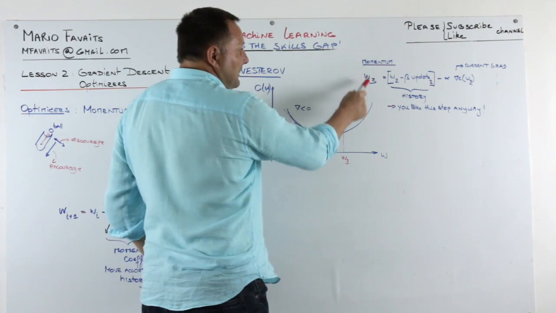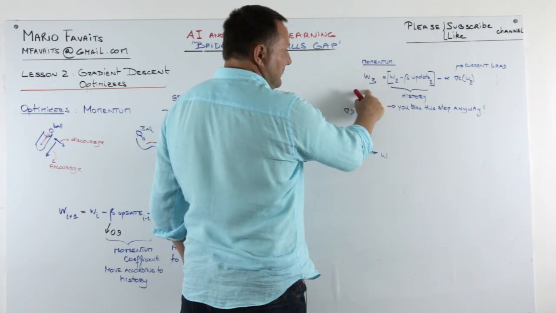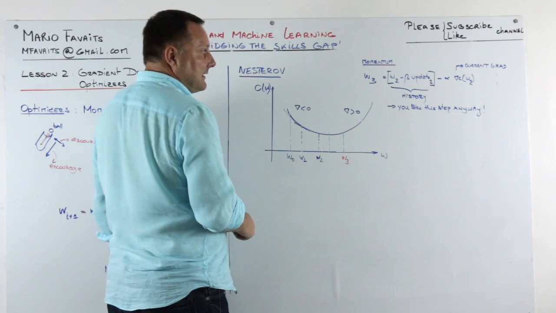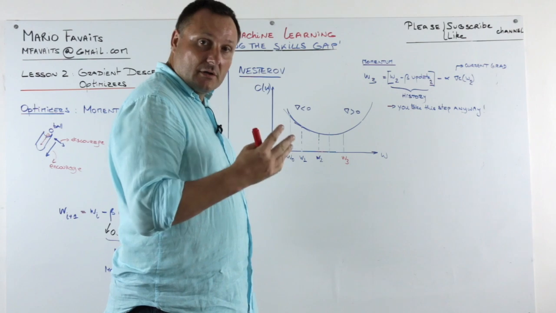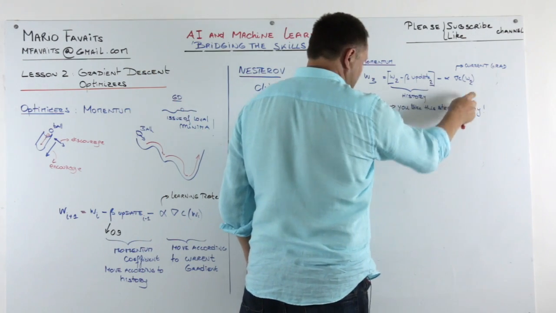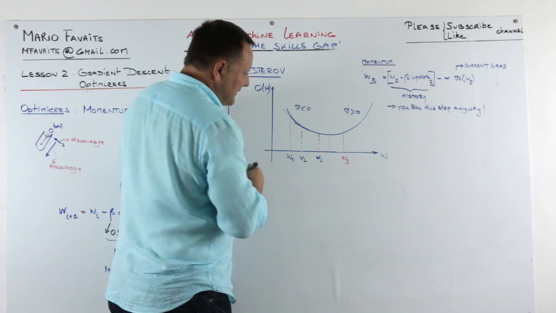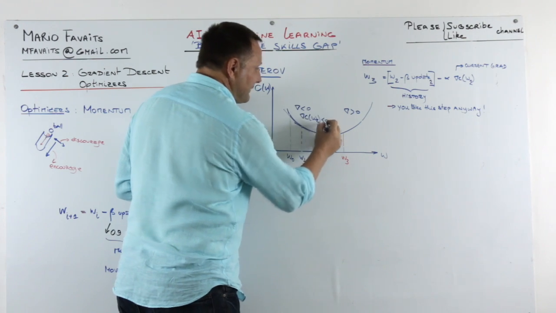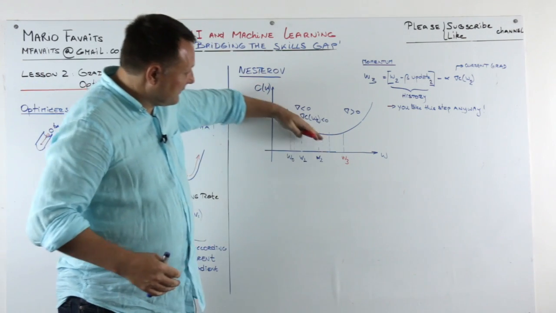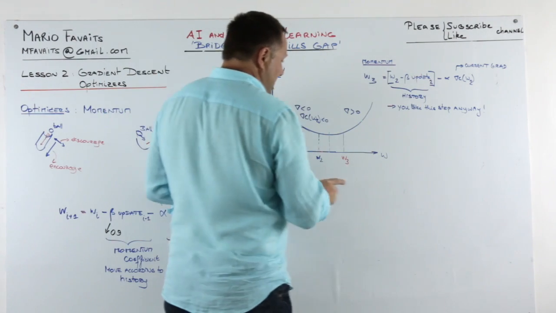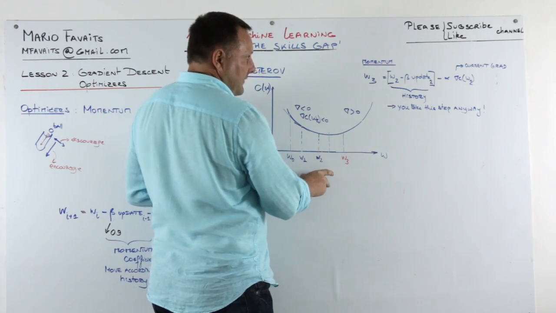So if you take the momentum formula, W3 is W2 minus beta times update 2, that's the historical effect, and then minus alpha times the gradient at W2. But the gradient of C at W2 is negative, because the slope is like this. So you're going to take this step anyway to the right.